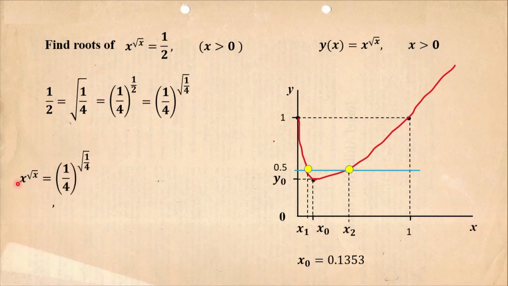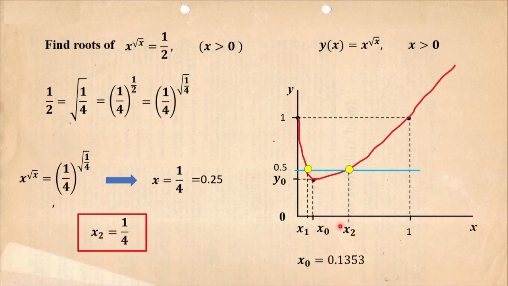From here we definitely see that one root is equal to 1/4, or this is 0.25. This value is greater than x0, so we found x2.